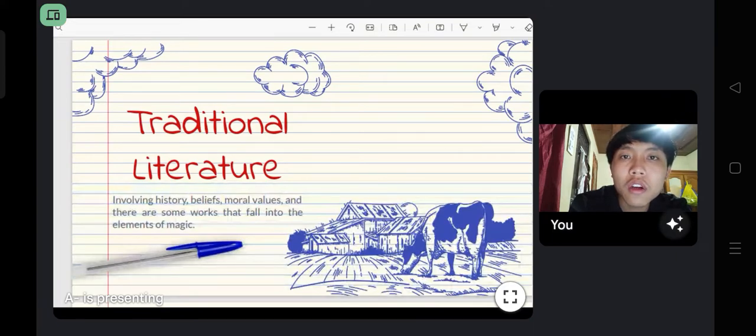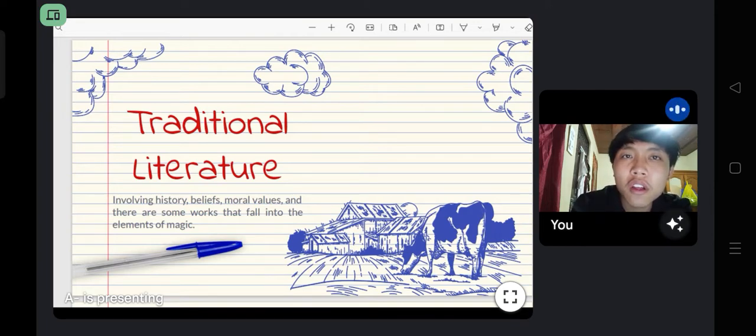The first type is traditional literature. This literature involves history, beliefs, morals, values, and there are some works that also contain elements of magic.